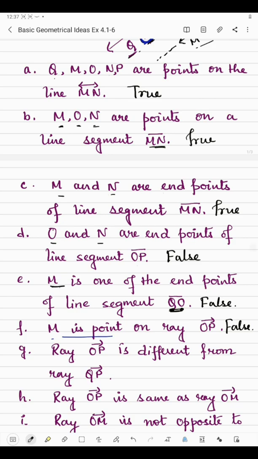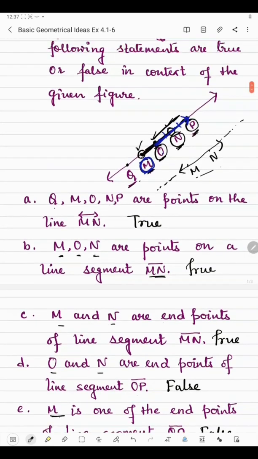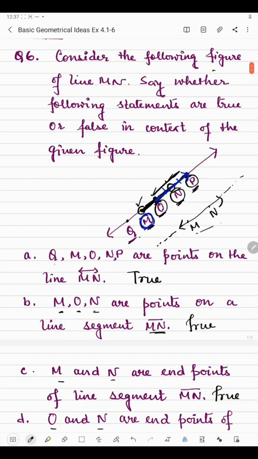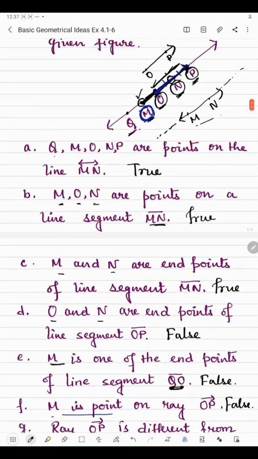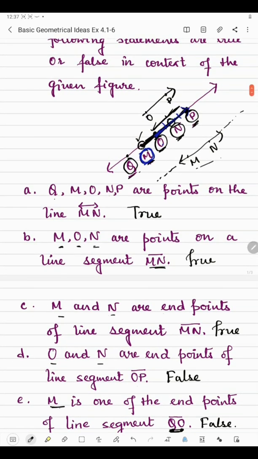So here we have ray OP is different from ray QP. Now let's check the figure. Where is OP? This is the ray OP. So here is O, suppose, and here is P. And another ray is QP. Now where is QP? Here is Q and here is P. Means another ray is like this.